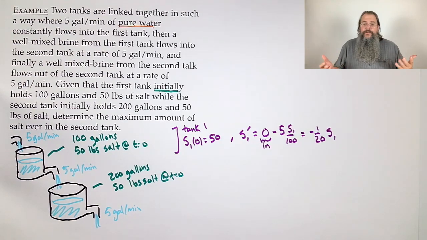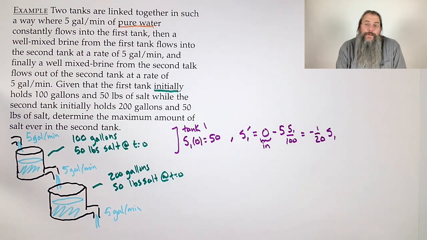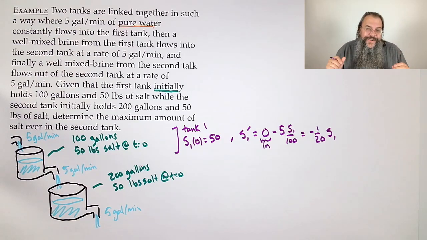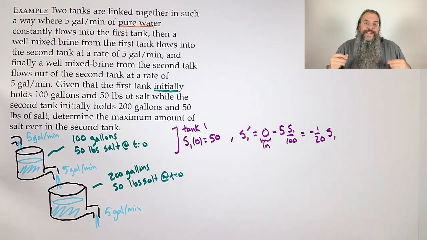So now we have this really nice differential equation. In fact, we probably recognize this. We've seen it before. Do you remember it? This is the same thing that shows up in radioactive decay. And also was a population model where it's like, well, instead of explosive exponential growth, it's exponential decay.